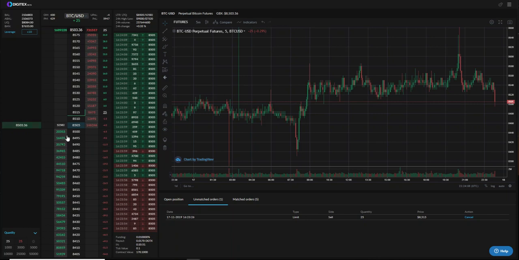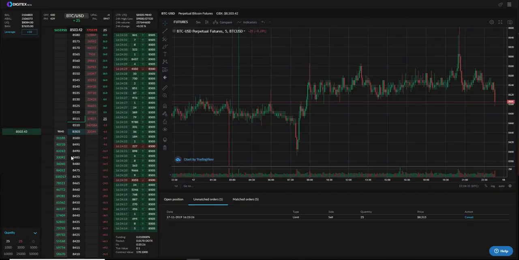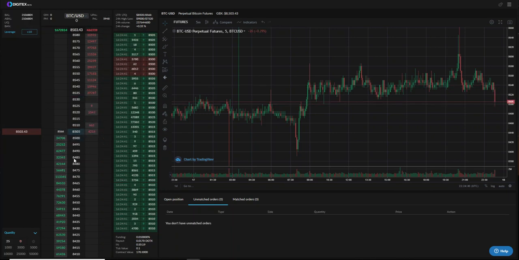It works like this in every market. If I take, for example, a ladder from another market, this is the mini S&P 500. We have the ladder, which works in exactly the same way. I place a buy limit over here and a sell limit over here, and the tick size in this market is only 25 cents, but it makes it a little more volatile than what we have now on DIGITEX, where, in my opinion, the tick size is $5.